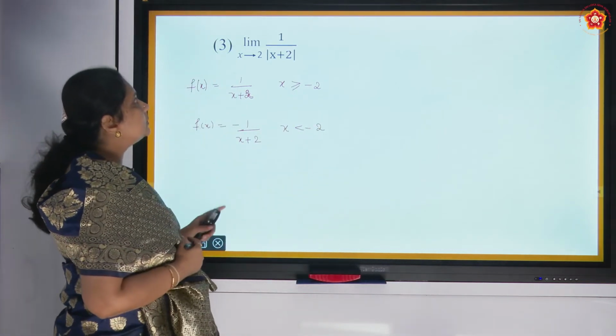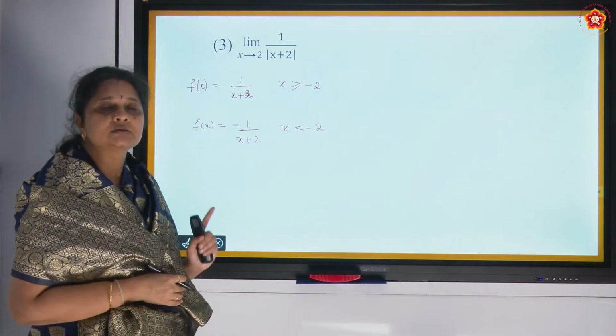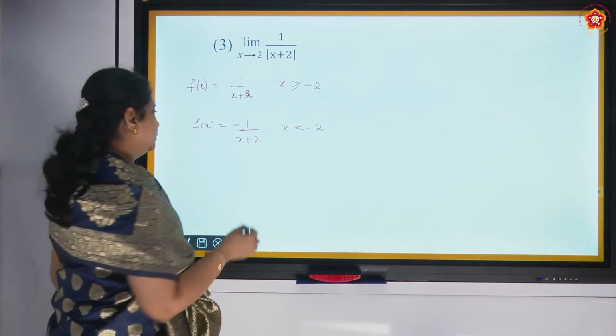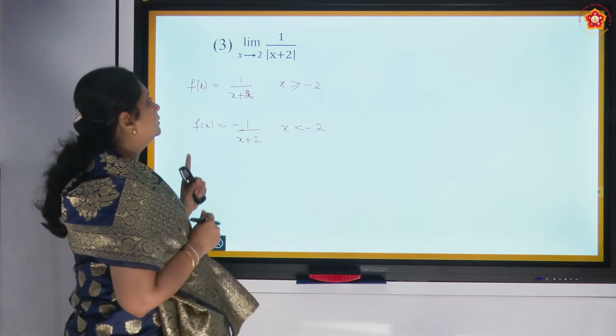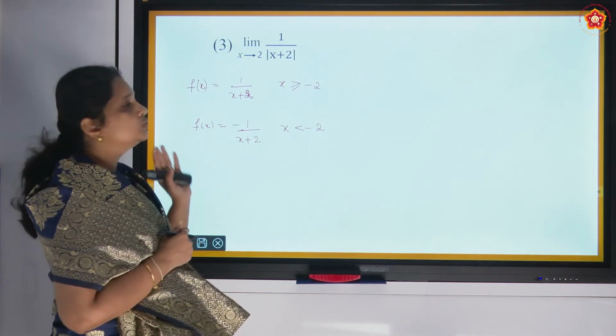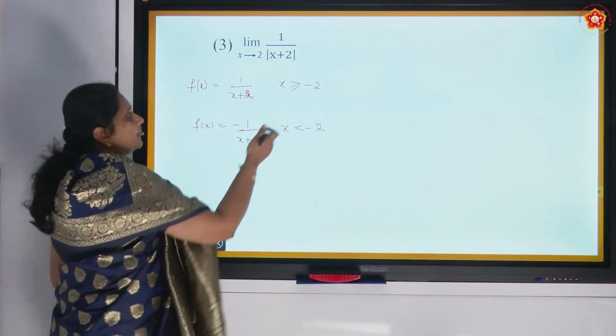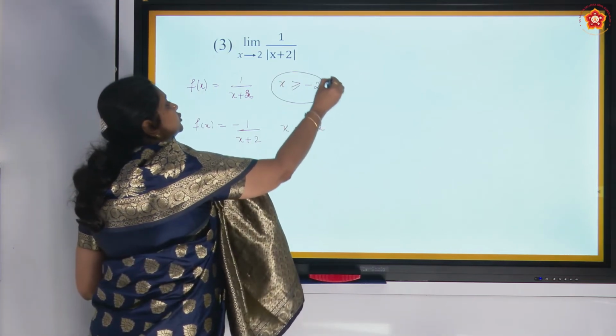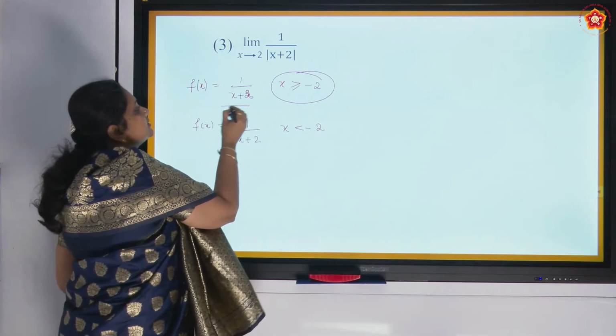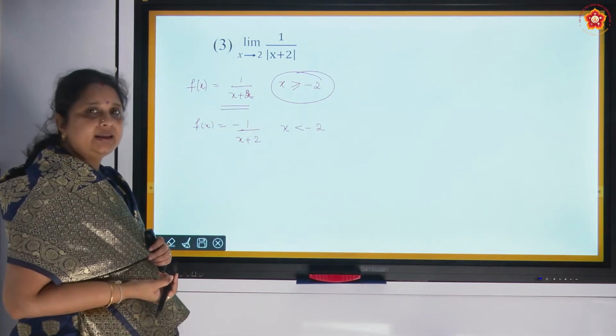We are asked to evaluate the limit. So how do you basically evaluate? You find the function value at x equal to 2. Now at x equal to 2, what is my function? When x is greater than or equal to minus 2, my function is this. Correct?